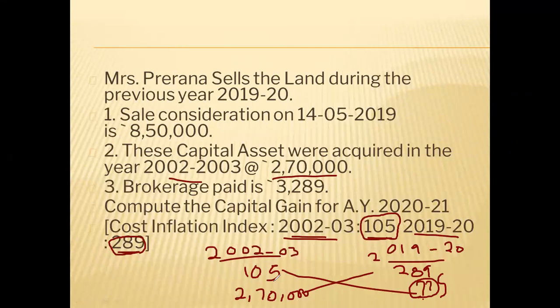Cross multiplication everybody knows how to do. So you will get this value. Everybody tell how much it is. 270 into 289 divided by 105.